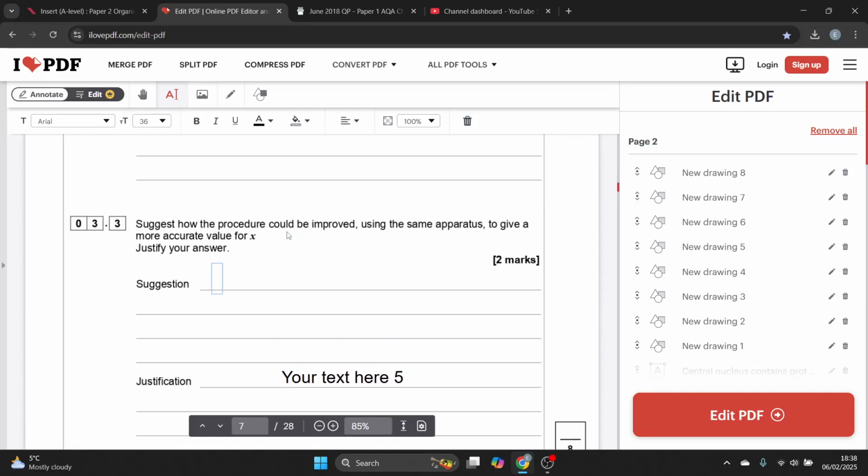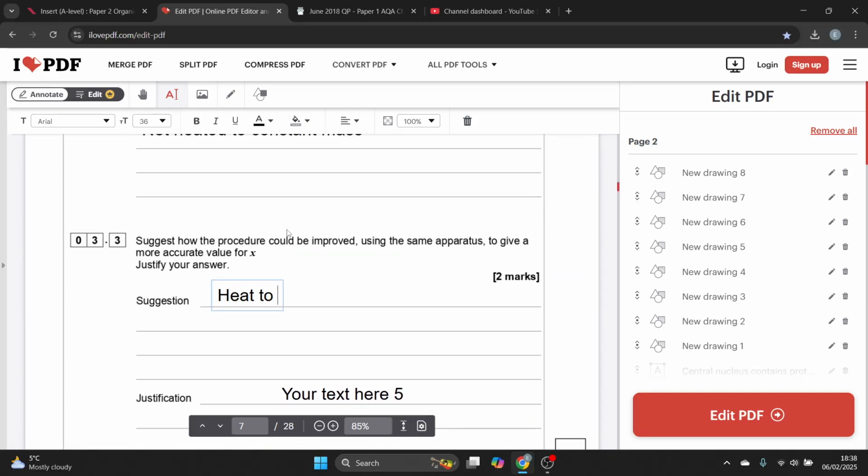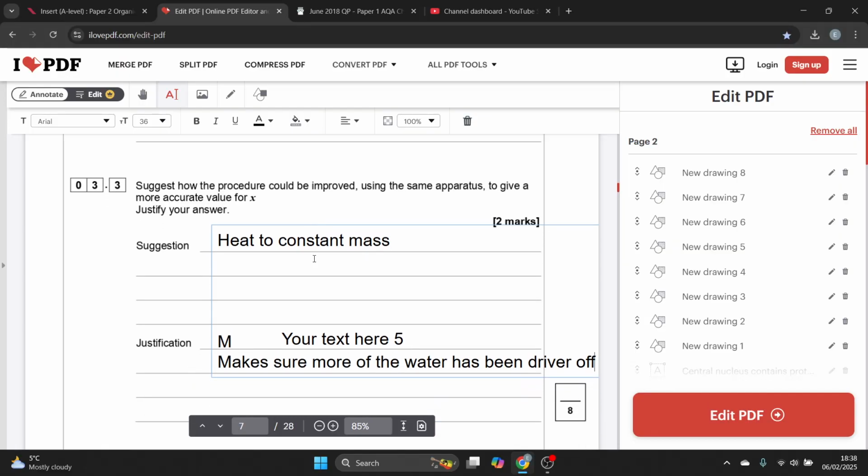Yeah, because it's not heated to constant mass. Therefore, just heat to constant mass. And what this does is make sure more of the water has been driven off.